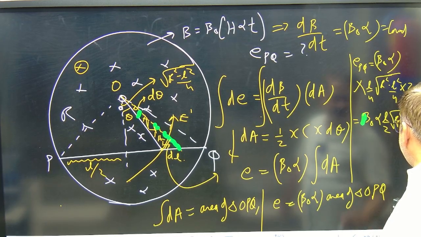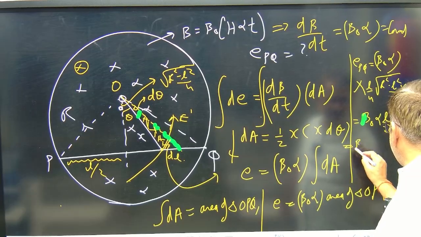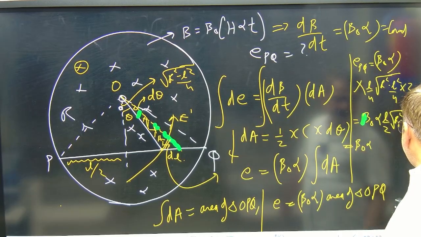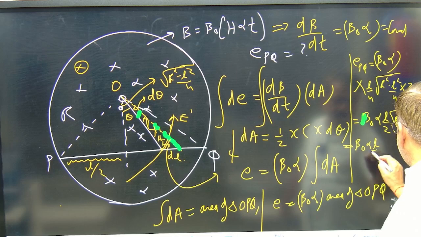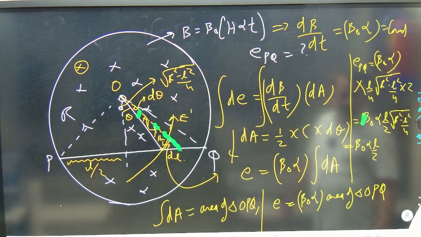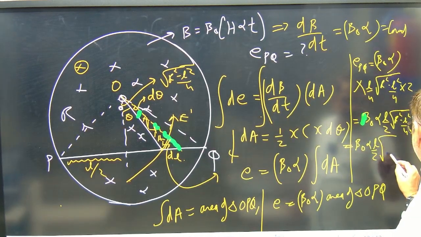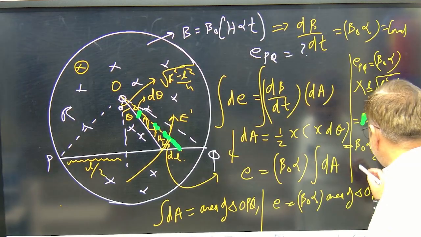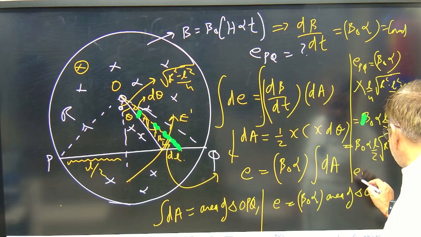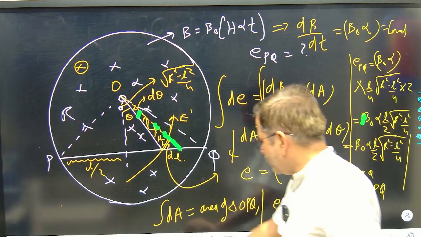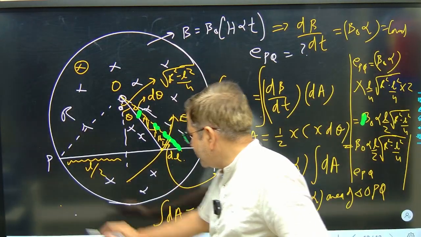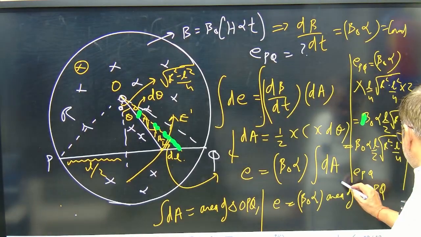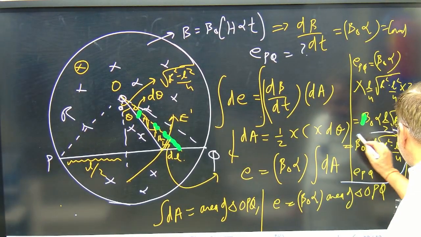This result we have. Further if I write, it is B naught into alpha into L by 2, and under root it is R square minus L square by 4. So this is the result of the EMF developed in the rod PQ. The final result I am writing, just see, this result will come.